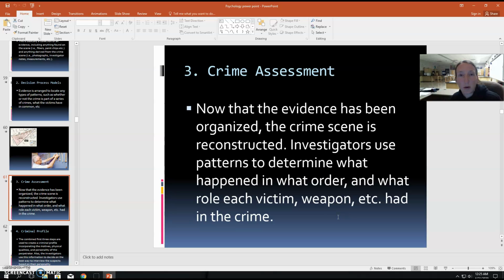So this is where they're reconstructing the crime scene, and usually nowadays investigators will take a camcorder, walk through the house, walk through the area, and it could be highly valuable when it comes to court and showing the jury what is believed had happened based on the evidence.